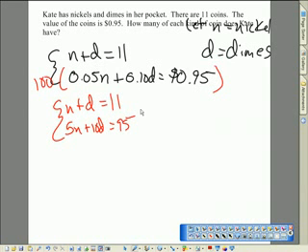What letter do you want to get rid of, N or D? D? So what are we going to do to get rid of D? We'd have to change this top one, right? What do we have to multiply it by?